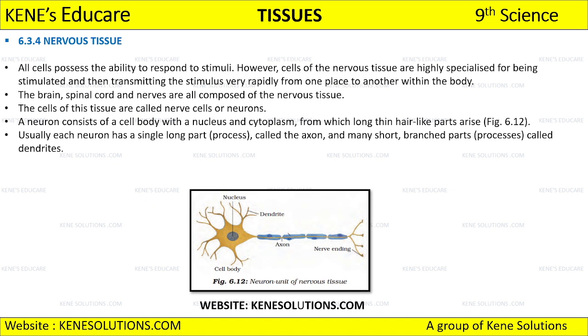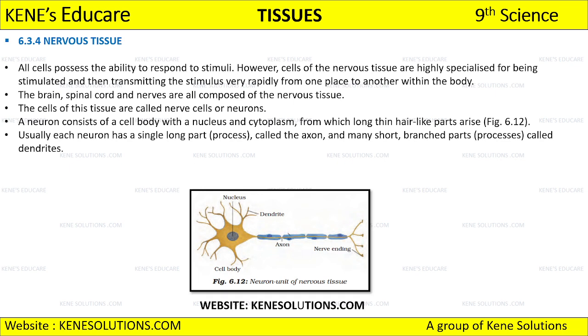Whenever we talk about nervous tissue, you should know that it includes the brain, the spinal cord, and the nerves. Our nervous tissue is wholly composed of the brain, spinal cord, and nerves, and the cells of this tissue are called nerve cells or neurons. What are the cells of the nervous tissue called? They are called nerve cells or neurons.